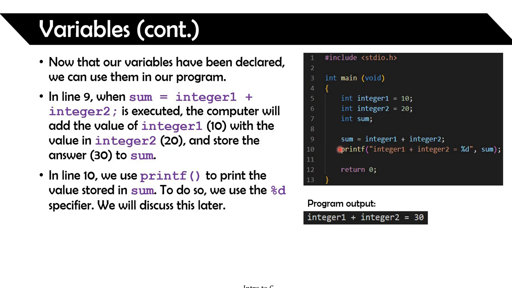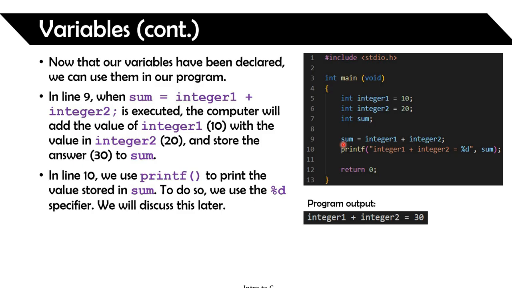So let's say if you don't have this printf function, assuming you don't have printf function, it will run. In the sum variable, you will have the answer, but you are unable to see, right? Because the only way that you can actually view is through the output terminal, right?